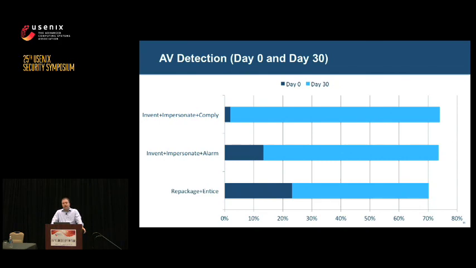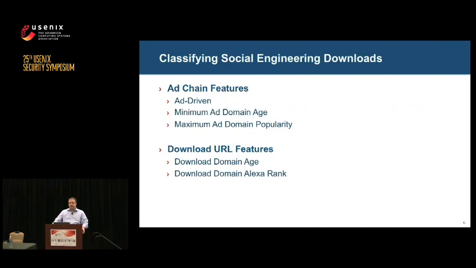For event impersonate alarm, less than 15%, and for repackage entice, less than 25%. For the AV, we submitted these to Virus Total and used the results from there. Then on day 30, almost all of them exceed 70% for AV detection. What this means is that the software being downloaded through these social engineering attacks is not being detected on day 0 by AV.